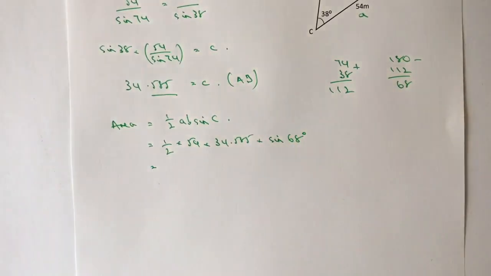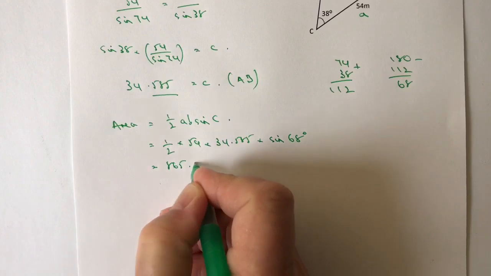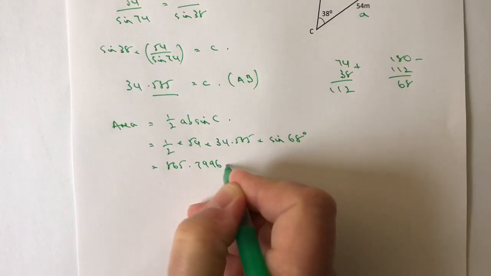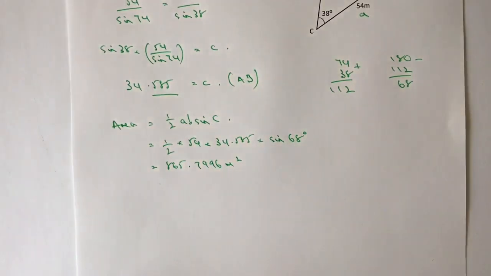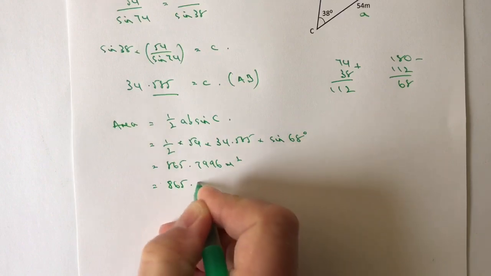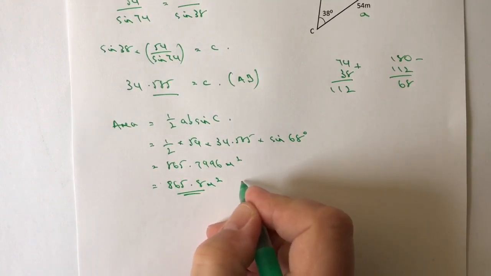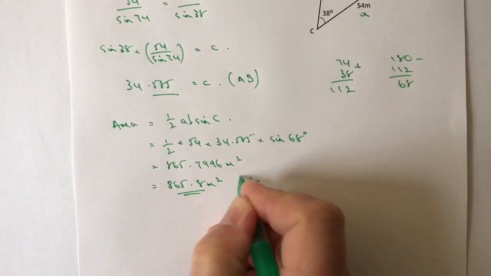Again, put that into a calculator and you should end up with 865.7996 meters squared. Usually these questions will say give your answer correct to 3 significant figures or 1 decimal place or something like that. I'll put this to 1 decimal place, which is 865.8 meters squared, and that would be the answer to 1 decimal place.